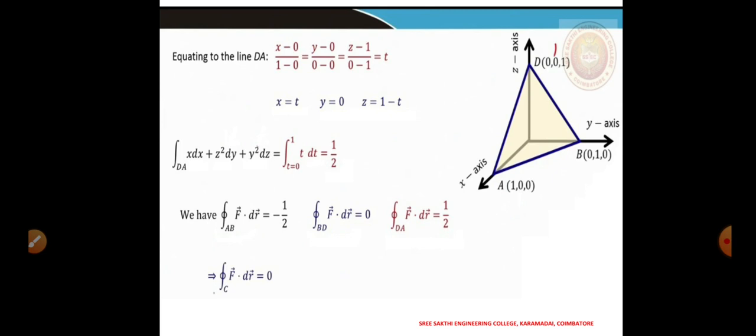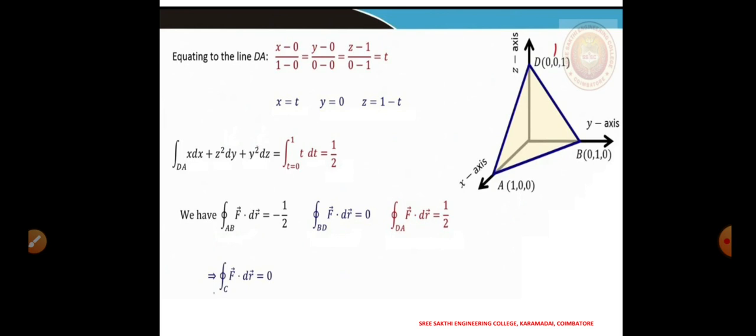In this case y is 0, so the dy term is gone, and the dz term will not contribute because of y. So we have again x dx, with x equal to t and dx equal to dt. If we integrate this, we get the value 1 by 2.